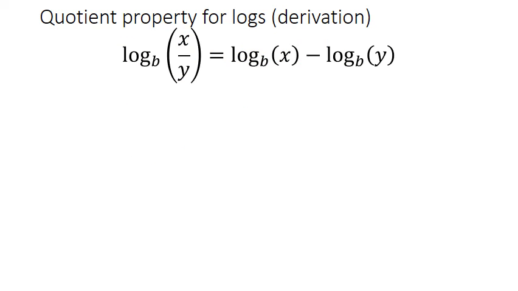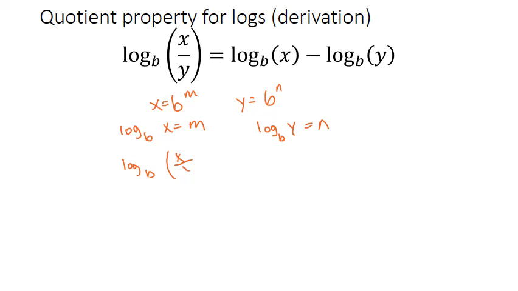To derive this particular property, we're also going to use exponent rules. Let's say we start off the same way. X is equal to b to the m, and y equals b to the n. Just like before, we can say that the log base b of x has to equal m, and the log base b of y has to equal n. So we could say that the log base b of x divided by y, we're just substituting.